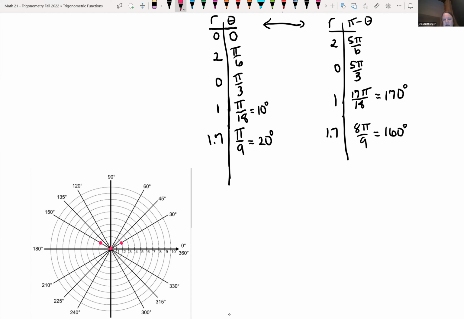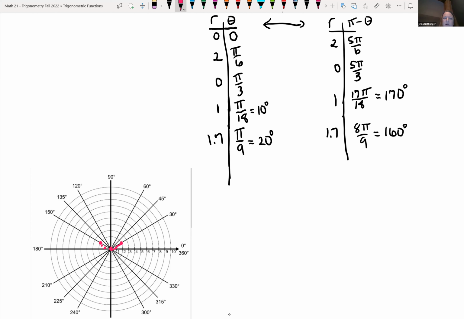At pi thirds, which is 60 degrees, it's back to 0. At 10 degrees, we said we had 1, so estimating about 10 degrees, we have 1. Over here, we also have 1. At 20 degrees, we had 1.7, so that's about right here. We have something that looks like this.